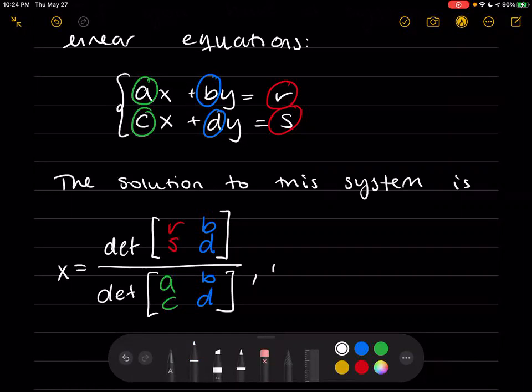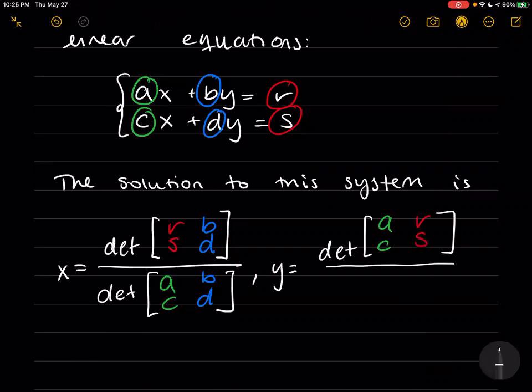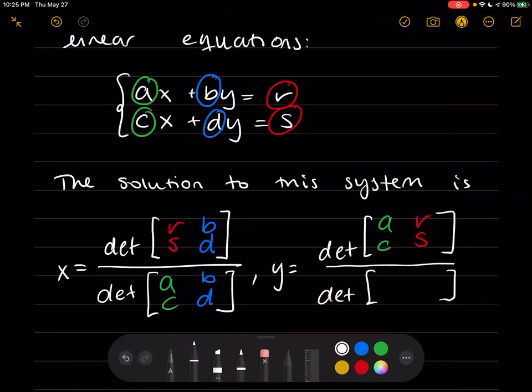The y coordinate looks kind of similar. It'll be the determinant of the matrix with a, c in the first column and r, s in the second column, over the determinant of the same matrix as the denominator in the x coordinate, a, c in the first column and b, d in the second.